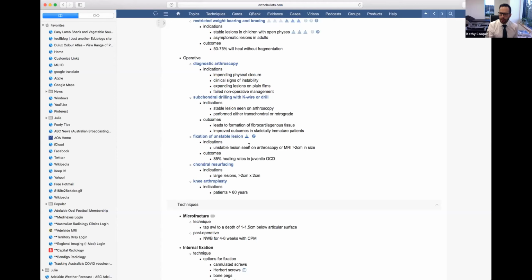There are little dissolvable screws that you can use to fix them in place, and little Herbert metal screws. I like the little flexible dissolvable ones, because if there's an area of collapse, they don't cause that other damage. I'll show you some examples of that in a minute.